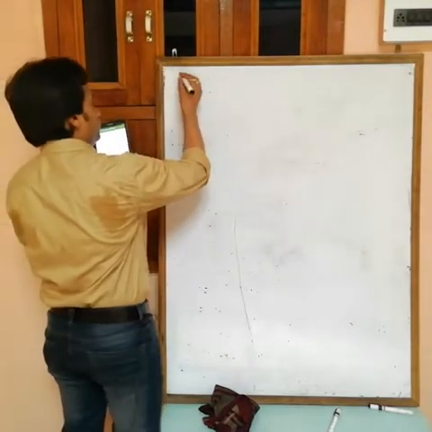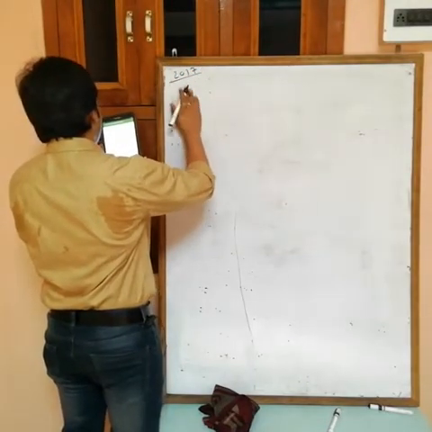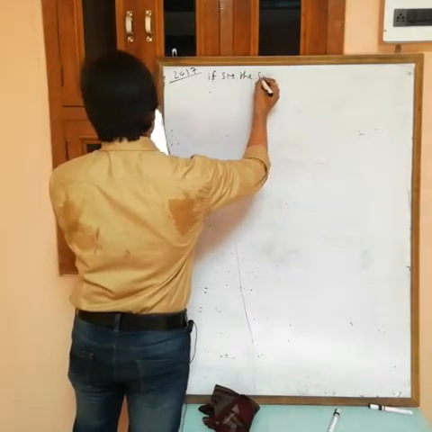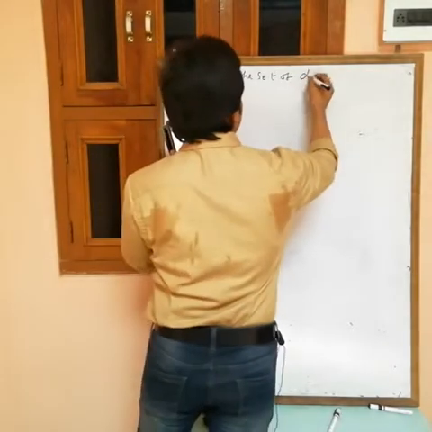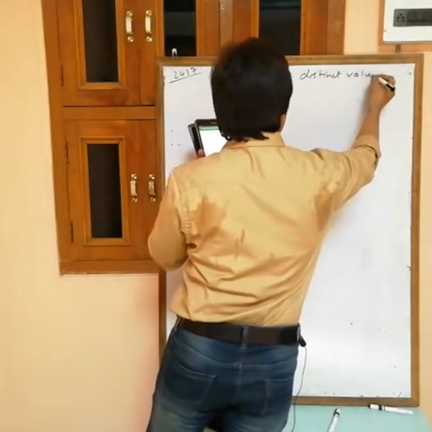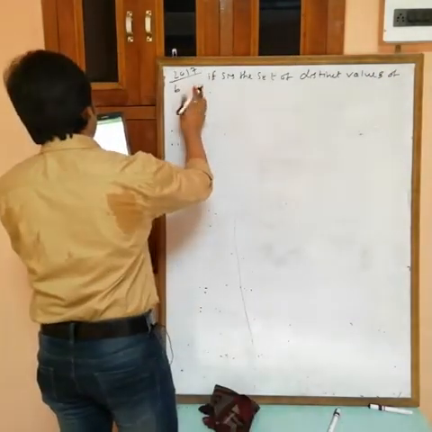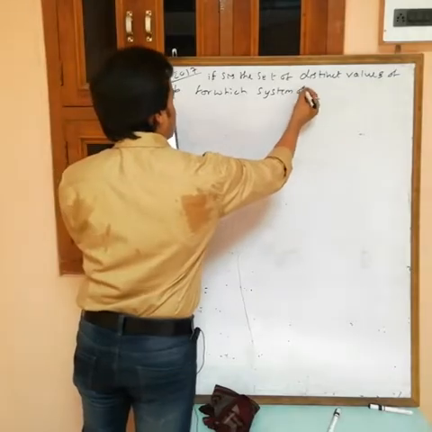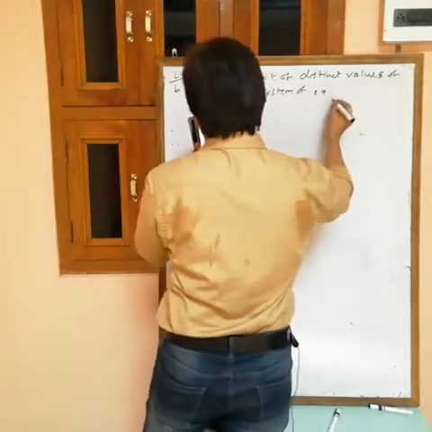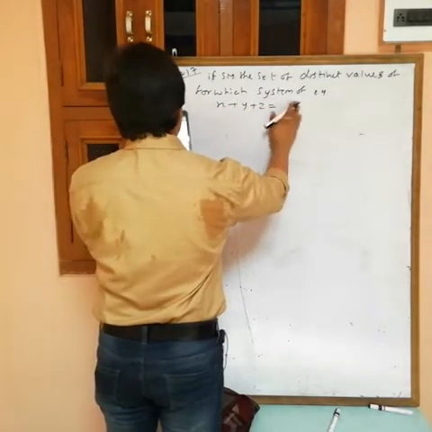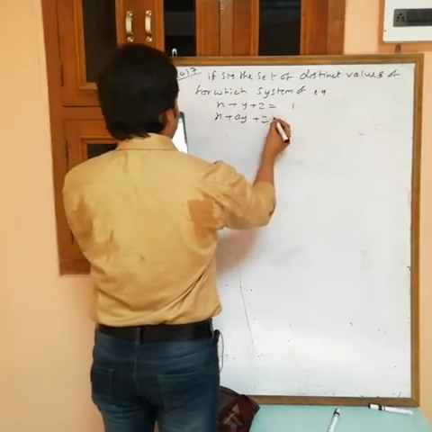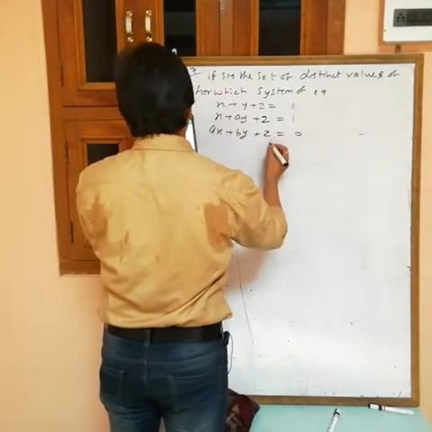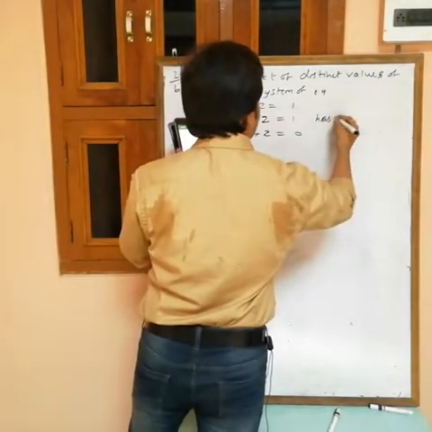Next question from 2017 JEE Mains. If S is the set of distinct values of b for which the system of equations x plus y plus z equals 1, x plus ay plus z equals 1, ax plus by plus z equals 0 has no solution.